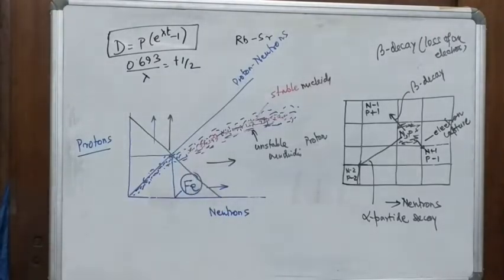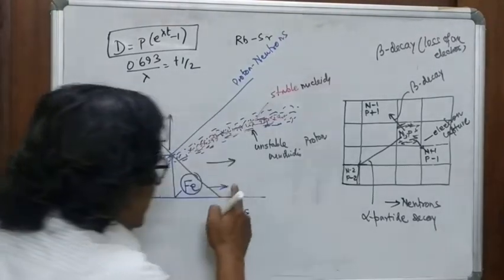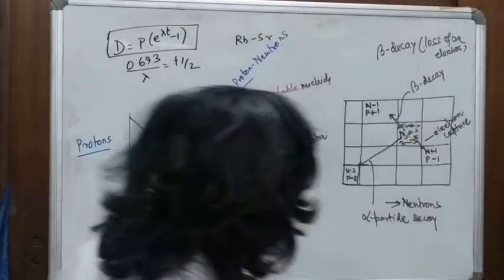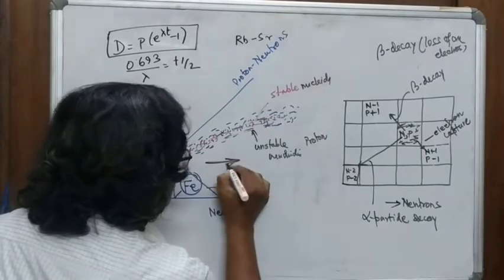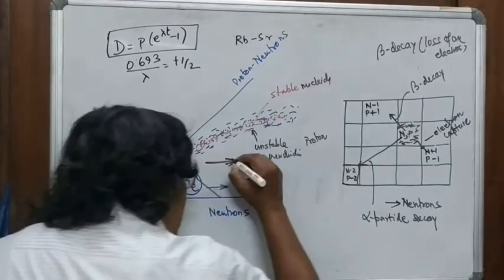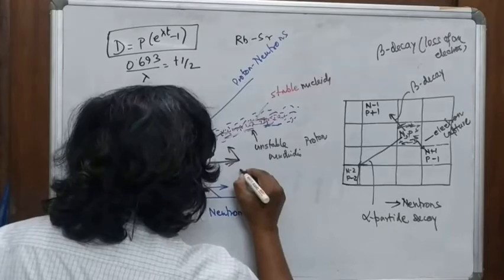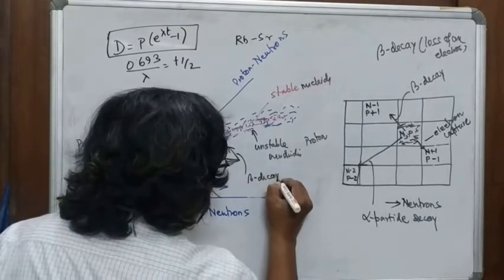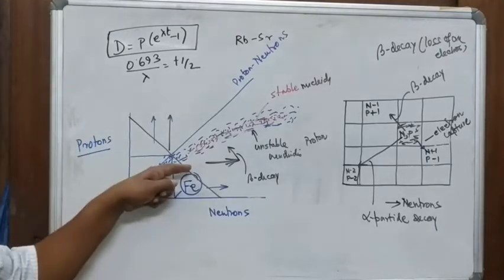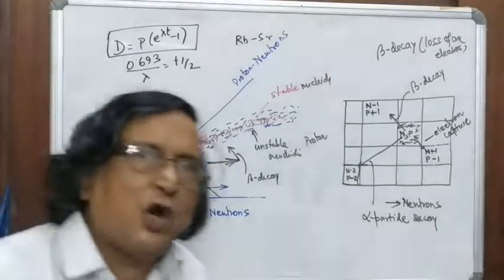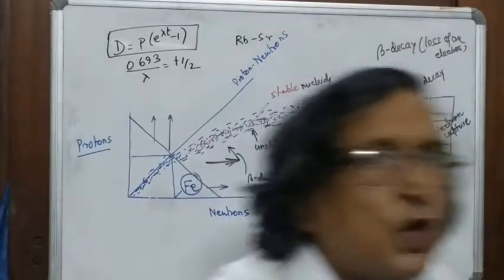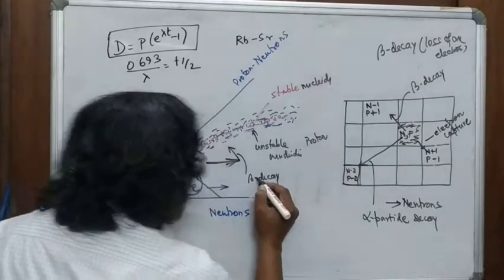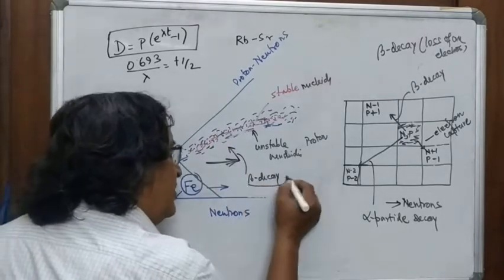If you have bombardment with neutrons, that means your radionuclides are going this way. This is beta decay. Have you understood? Look at the graph here. This is beta decay. So the elements that have suffered neutron capture or neutron bombardment go back to their zone of stability through beta decay.